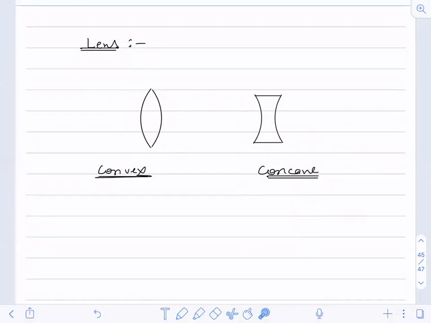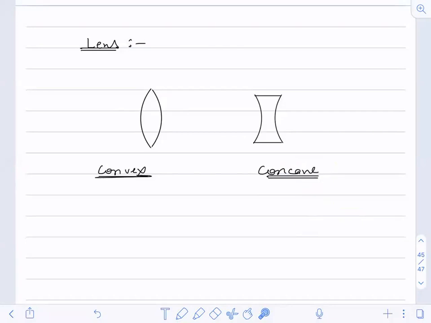So you should remember the word cave for the concave lens. That will be your concave lens. The other one will obviously be convex. This is one way you can remember it. You will not forget, and if you do, you can easily recall it.